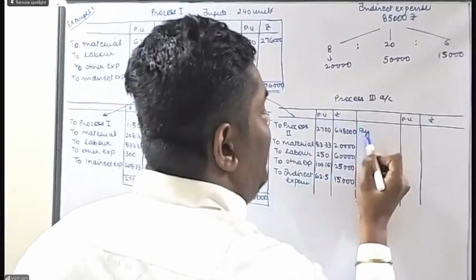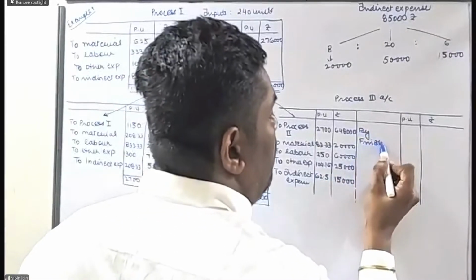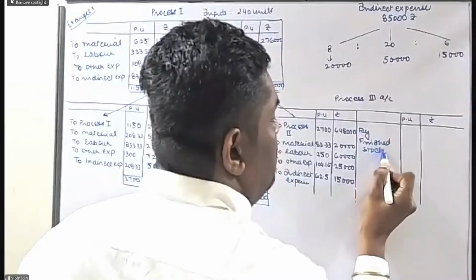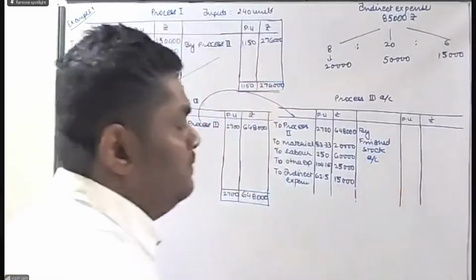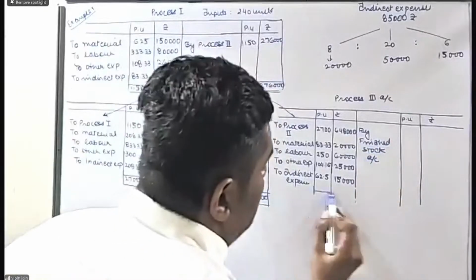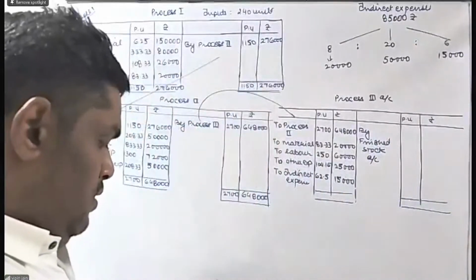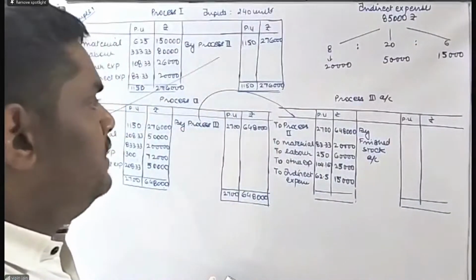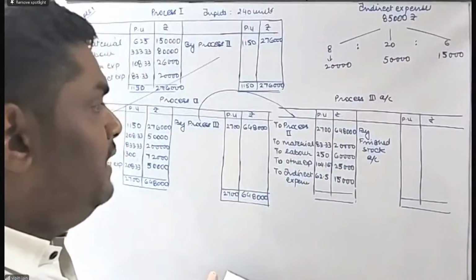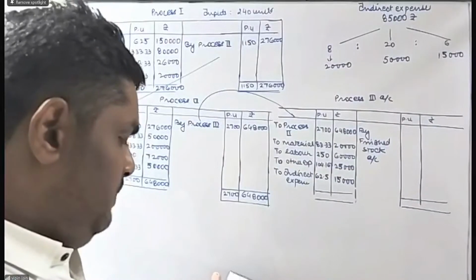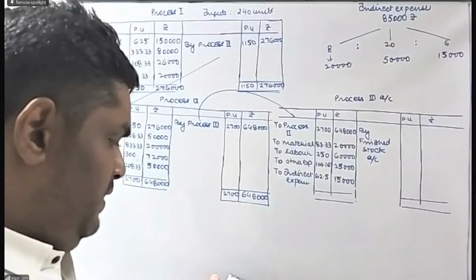And thereafter by finished stock account. So 6,48,000 plus 20 plus 60 plus 25 plus 15.